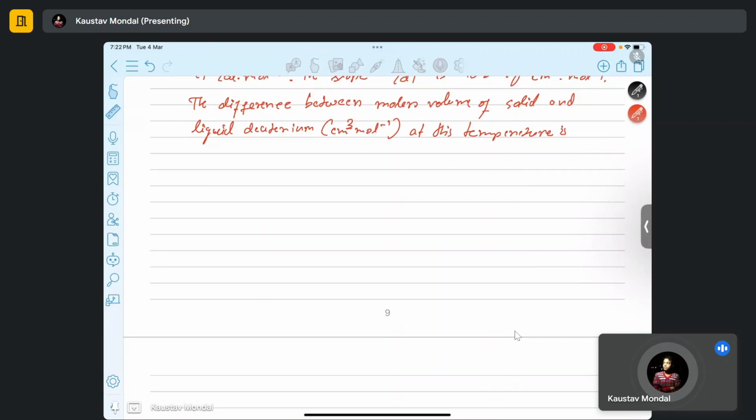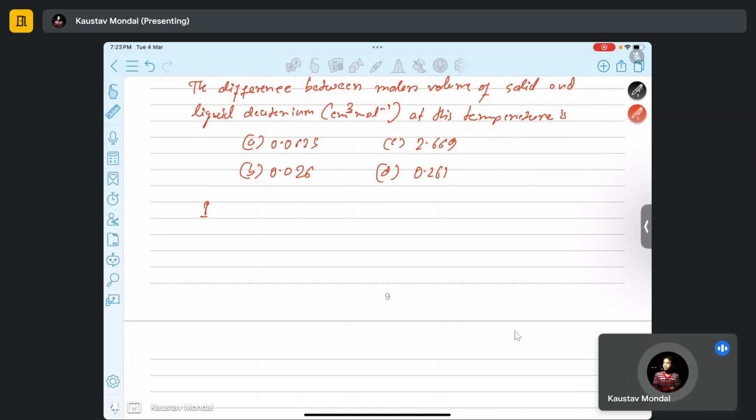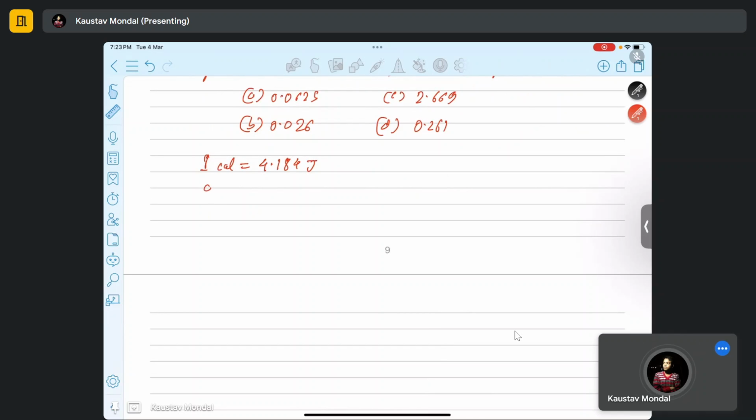Option A is 0.0625, option B is 0.0626, option C is 2.669, option D is 0.261. And one piece of information is provided: 1 calorie equals 4.184 joule, and g is 9.8 meters per second square.